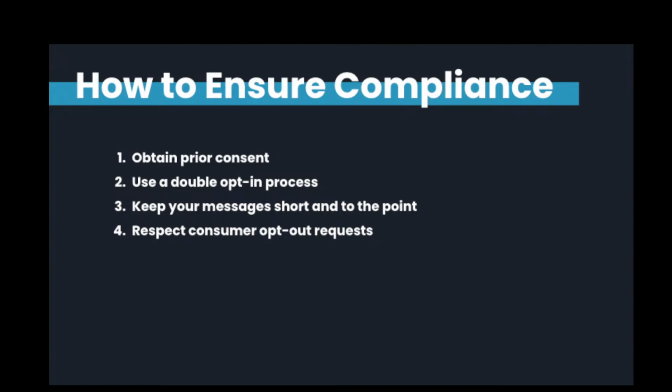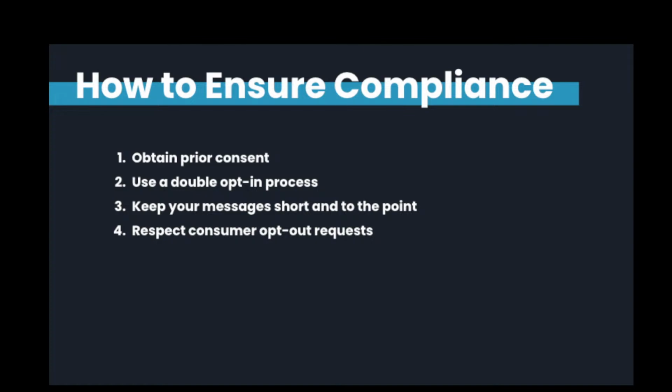You can get permission from customers by asking them to opt in to your texting program in instances where they're making a purchase, signing up for your email list, or even visiting your website. It's important to make sure that the customer is aware that when they're signing up for your text messaging program, they are consenting to receive marketing messages from you.